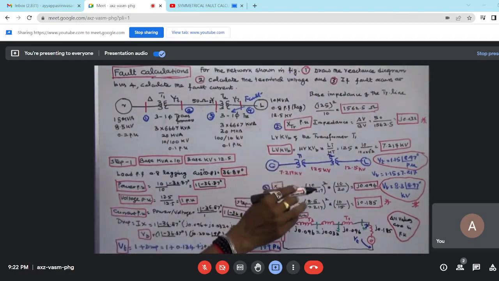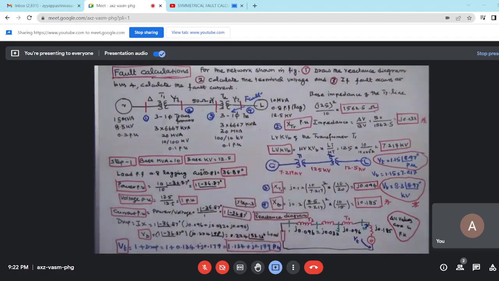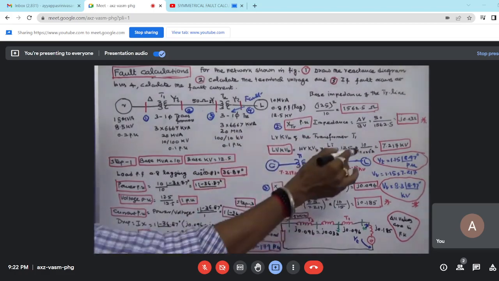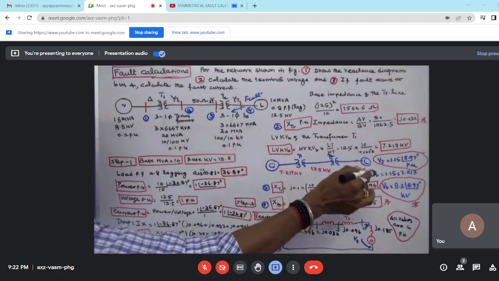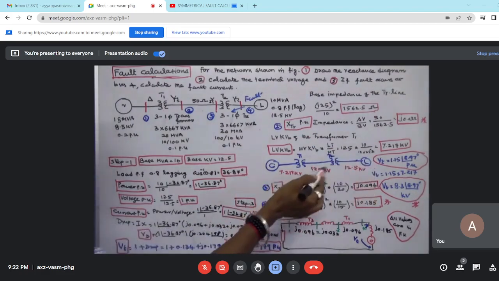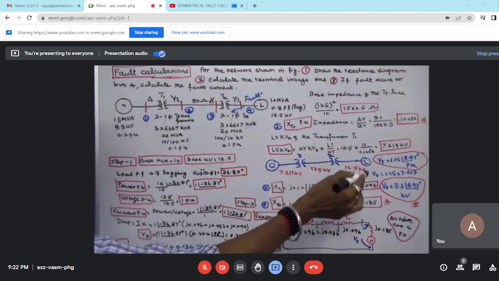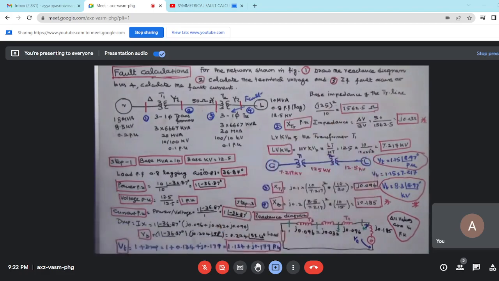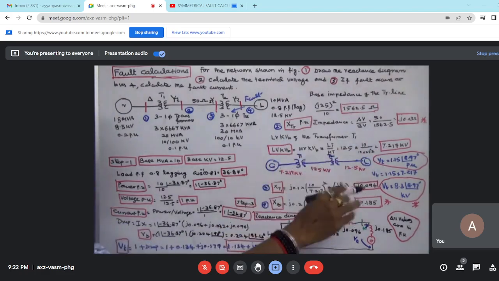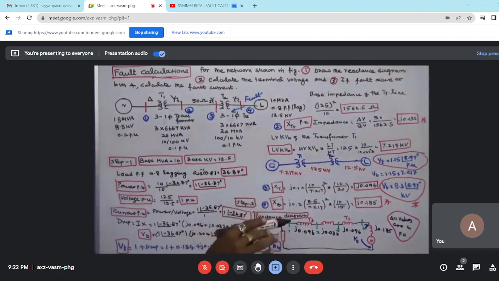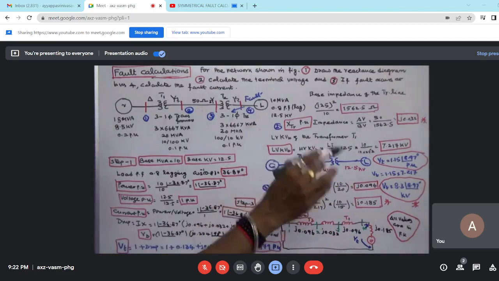Now I can calculate the actual terminal voltage. Actual terminal voltage is equal to per unit voltage into base value. Per unit voltage is 1.15 into base 7.217, that is equal to 8.3 angle 8.97 degrees in kV. Actual terminal voltage is 8.3 kV, angle is 8.97 degrees.